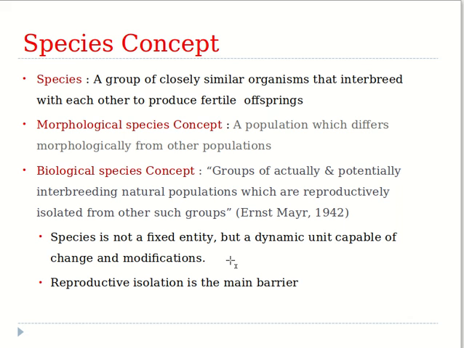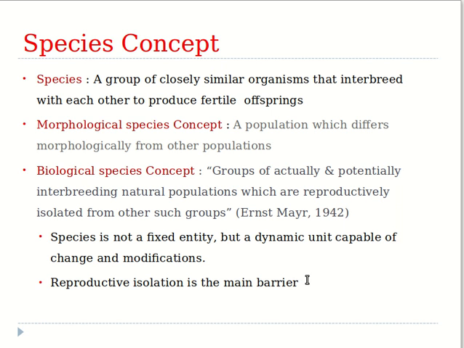It also says that there is reproductive isolation. It is the main barrier. Reproductive isolation prevents interbreeding and gene exchange between populations, isn't it? So, it is the main barrier that isolates one species from other such species. As a result, transitional forms between species are usually absent naturally. That is, hybrids between species do not occur naturally. It is very rare.